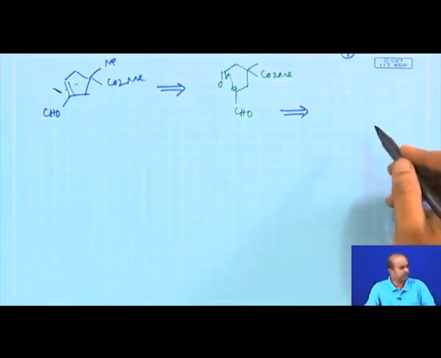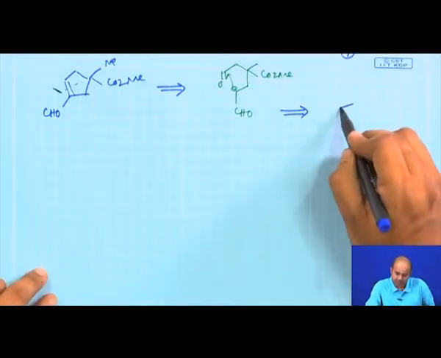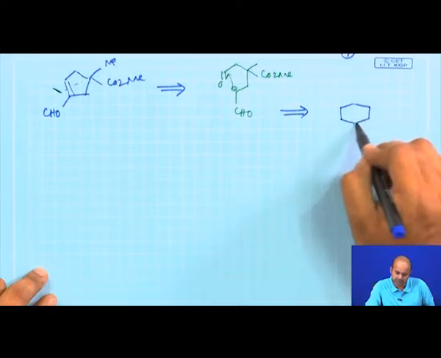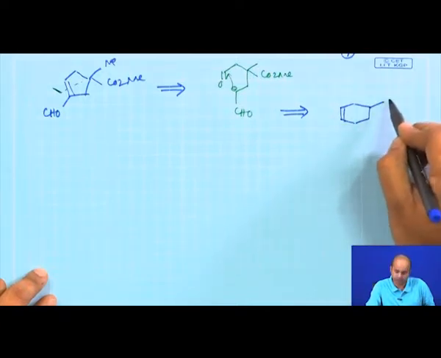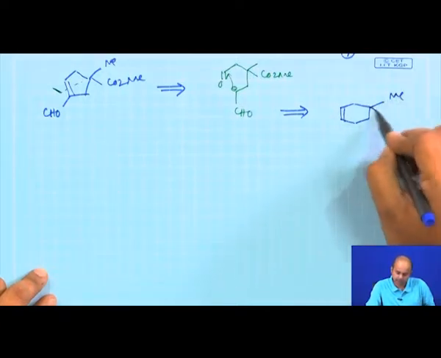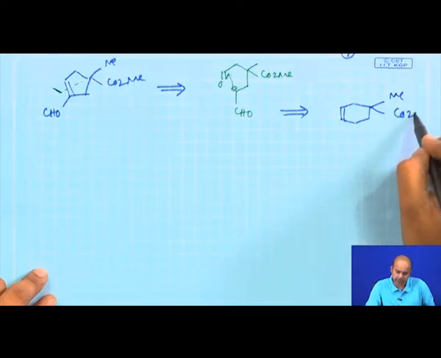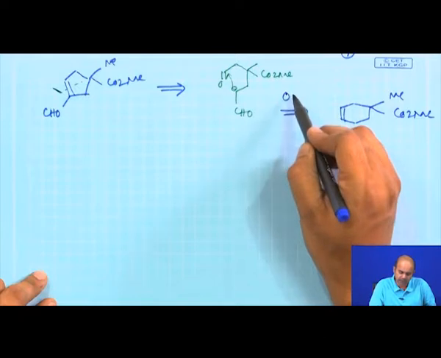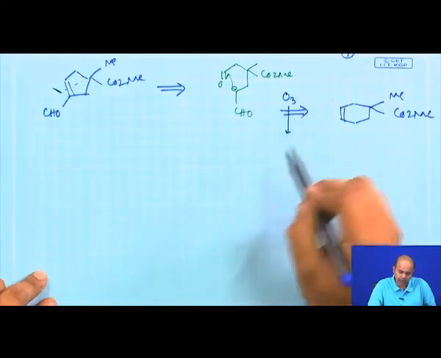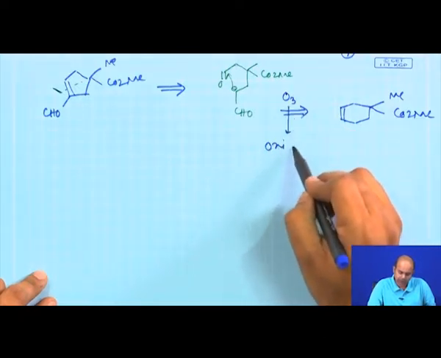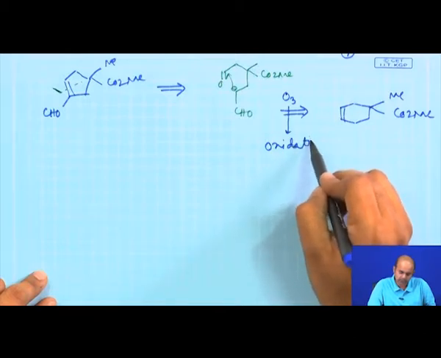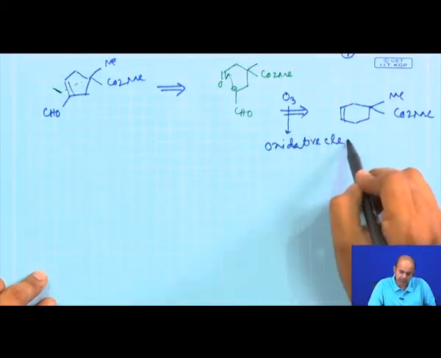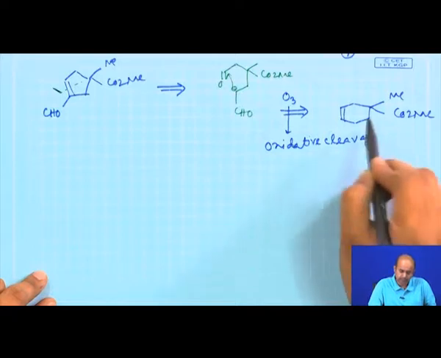Now, the starting material, how can you make the starting material? As it is a dialdehyde, you can straightforwardly go to some compounds like this. Now, what is this reaction? It is basically an oxidative cleavage, or you can say ozonolysis.